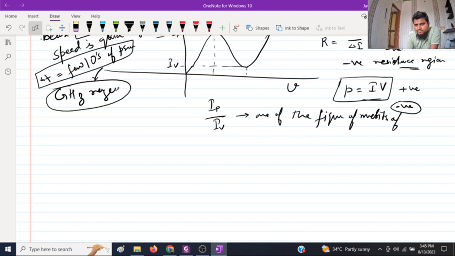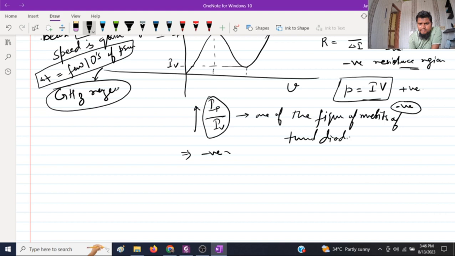If this IP by IV is more, it implies that the negative resistance is high, right?